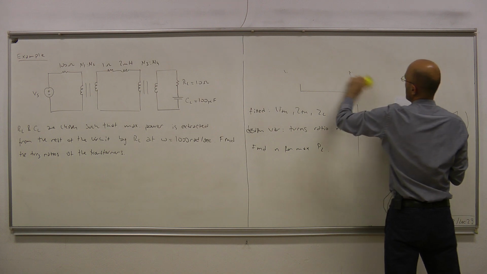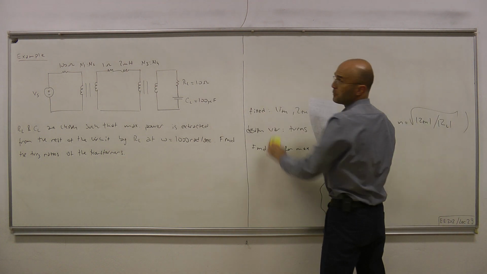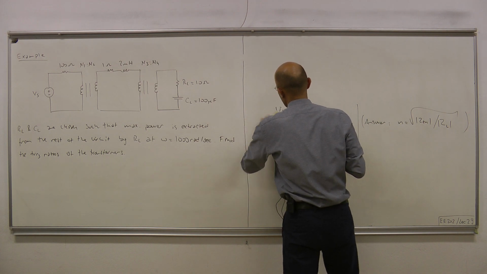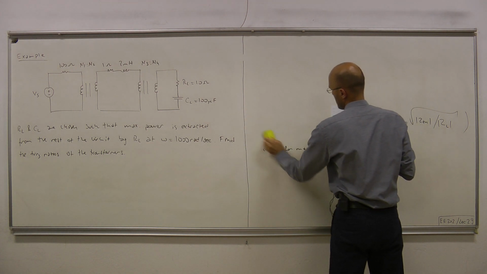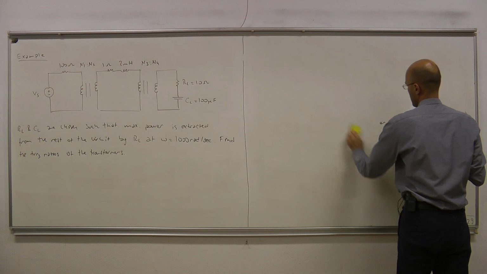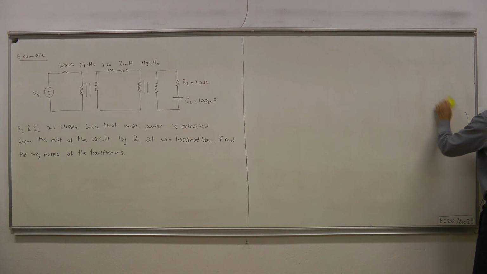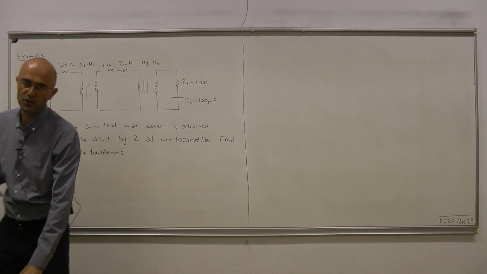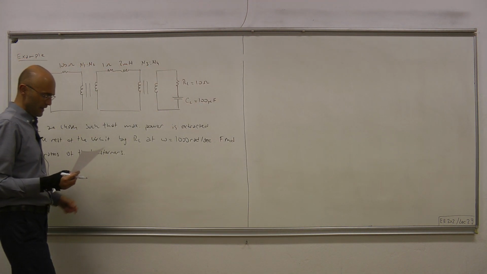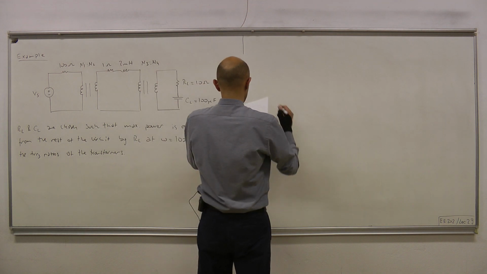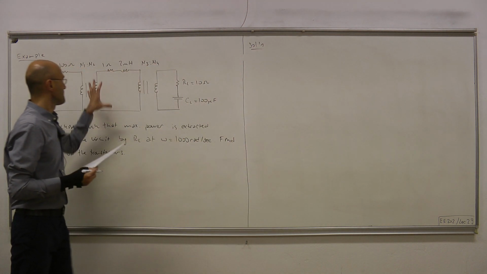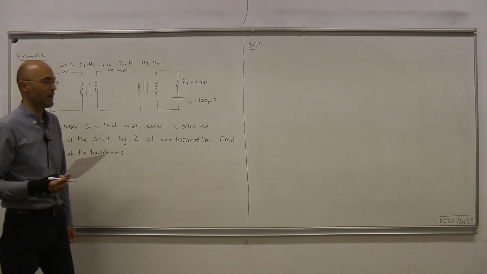And once the circuit reduces to the topology for which we have studied the maximum power transfer problem, then it will be straightforward to figure out the turns ratios, which is what we are asked. So the first step is therefore transforming this time domain circuit to the phasor domain.